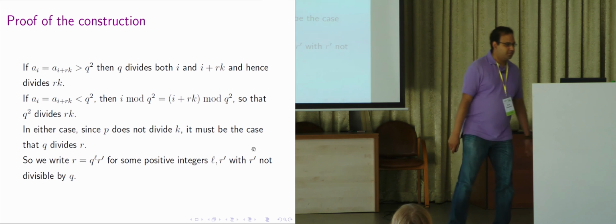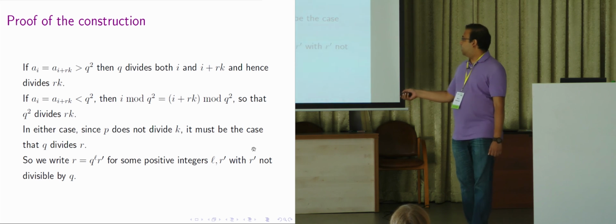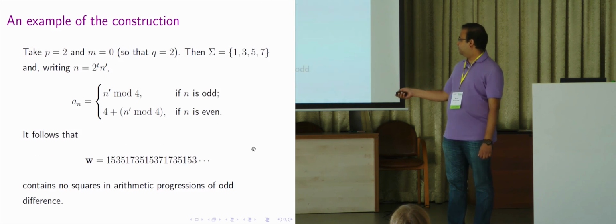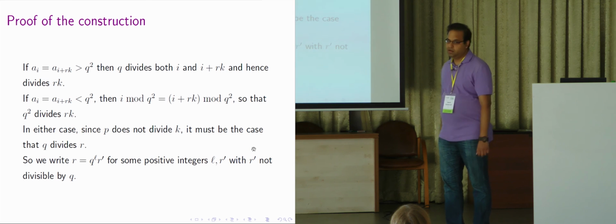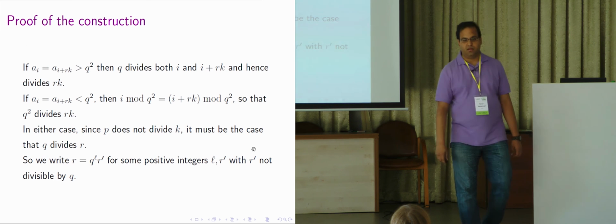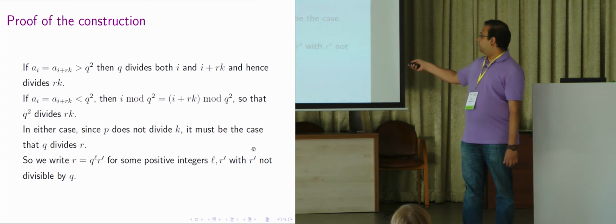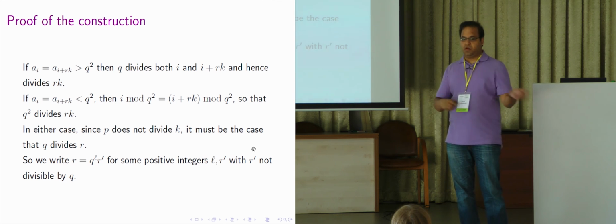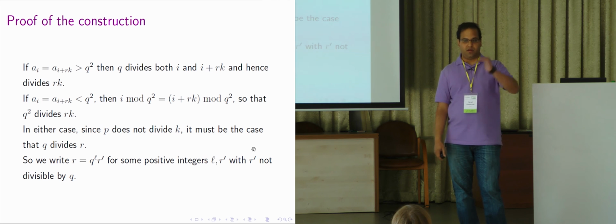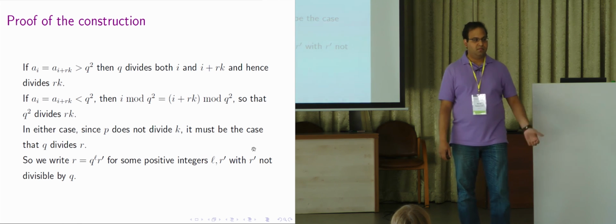So let's look at the first one. I have this a_i equals a_{i+rk}. Let's look at what the value of that can be. It's either going to be bigger or smaller than q squared, right? You remember the construction, it had two cases.